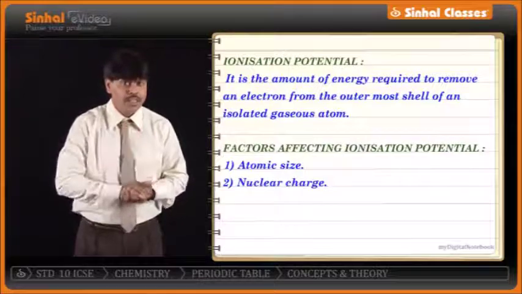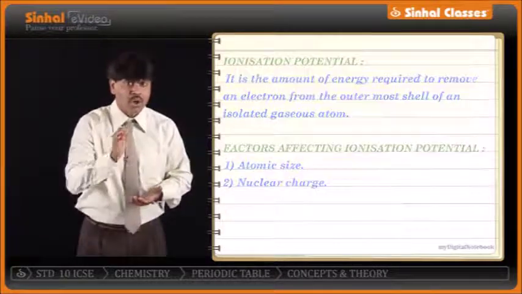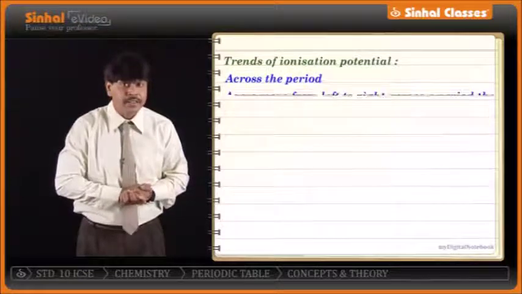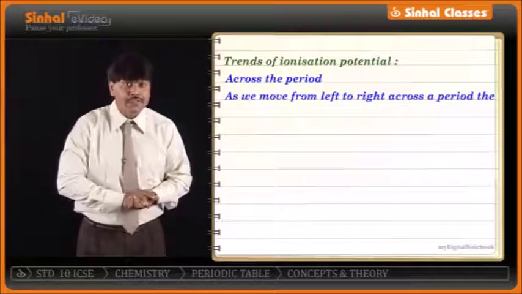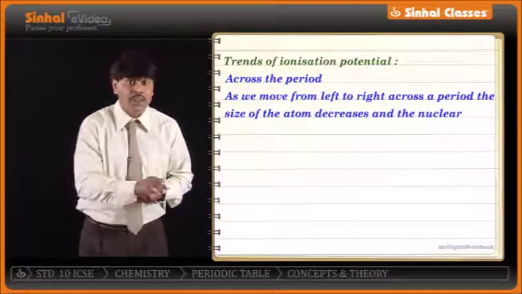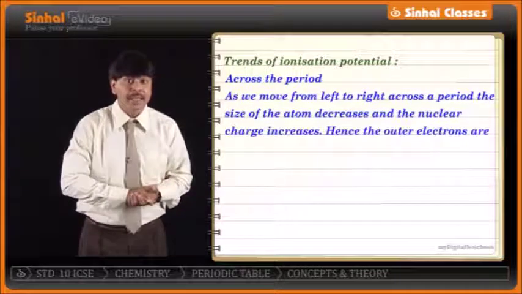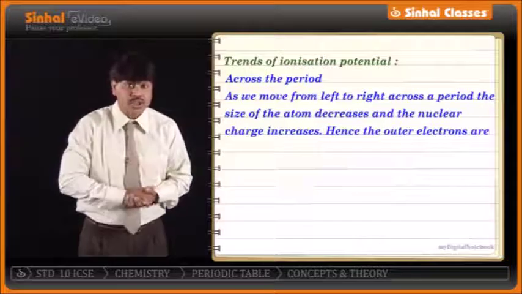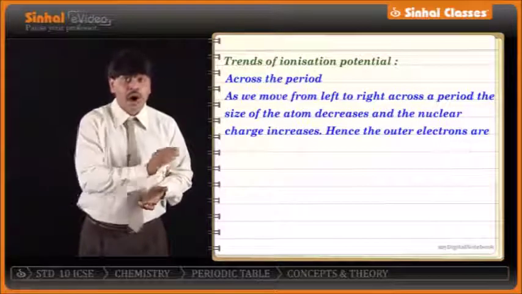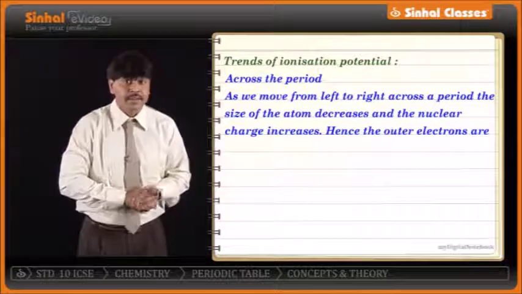We have already discussed that as we go across the period, the size goes on decreasing. So it becomes very difficult to remove the electron from the outermost shell. So the IP, that is ionization potential, will go on increasing as we go across the period.